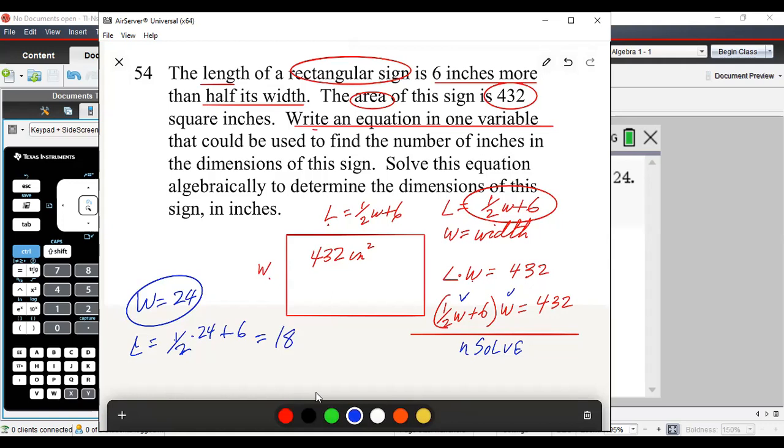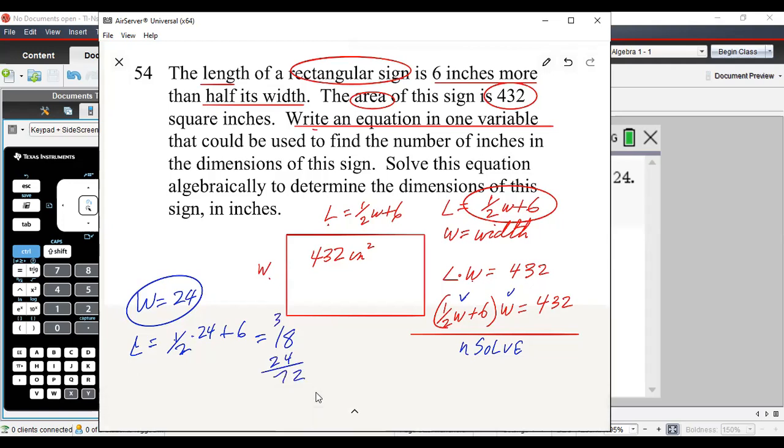Okay, so I got the width is 24 and the length is 18. So if we multiply these two, we should get 432. So this will be 32, carry the 3, that's 7. And then we have 36. So this is going to be 432. So we got it. The width is 24 inches and the length is 18 inches. And we're done.